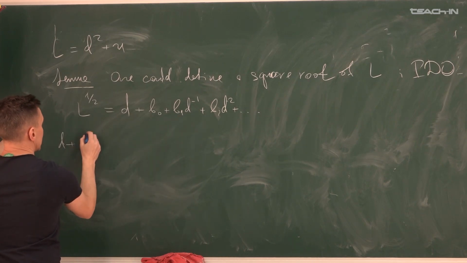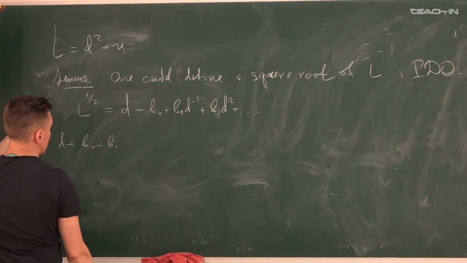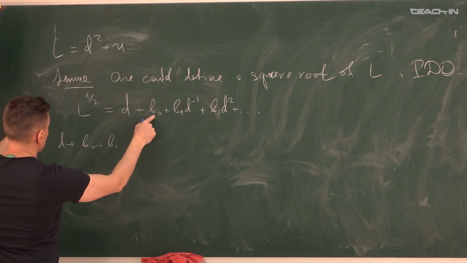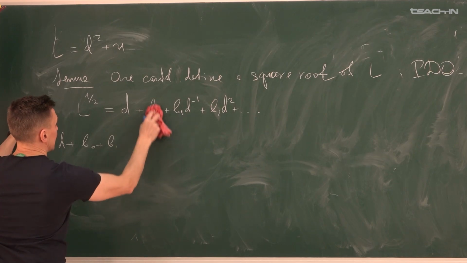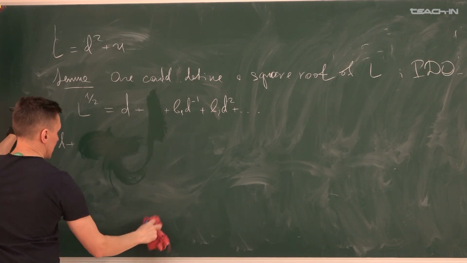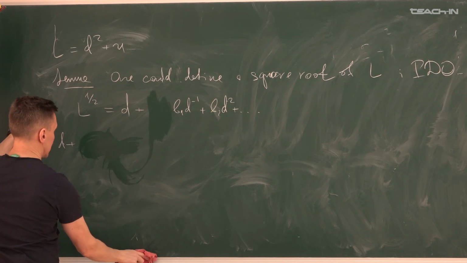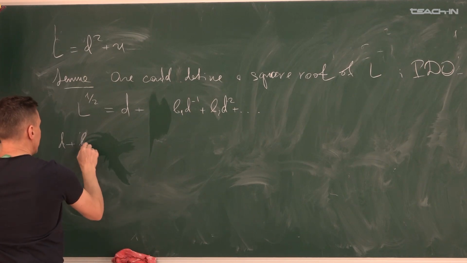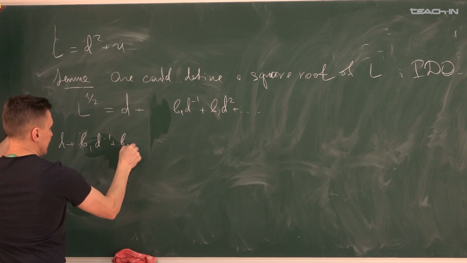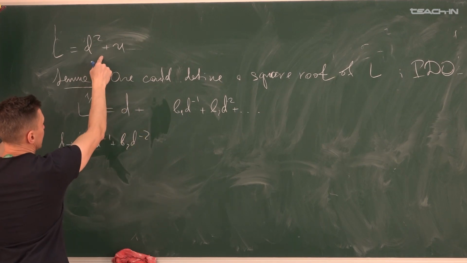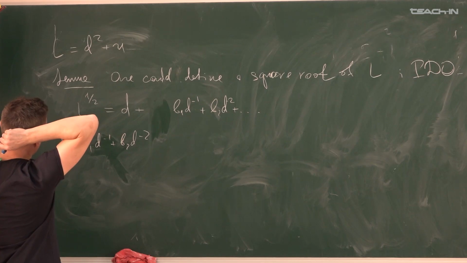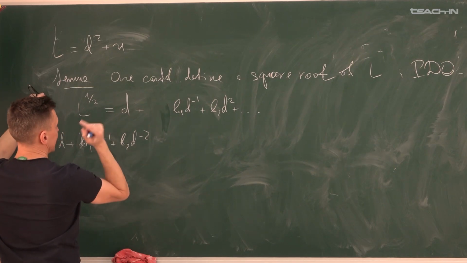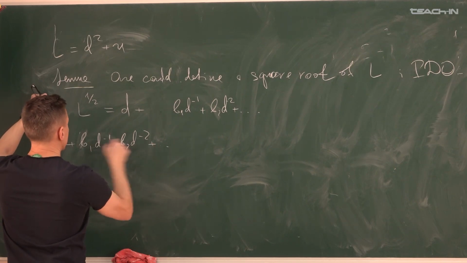So this d plus b0 plus, maybe even this term is not important. We will see. It is because there is no linear term here, so we don't need the constant term here. Plus, etc.